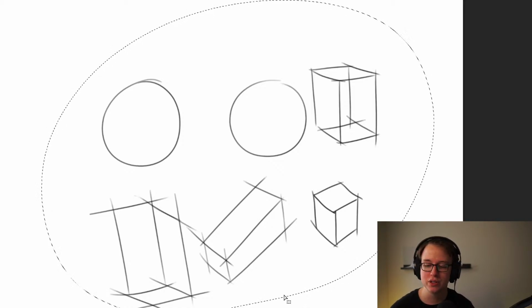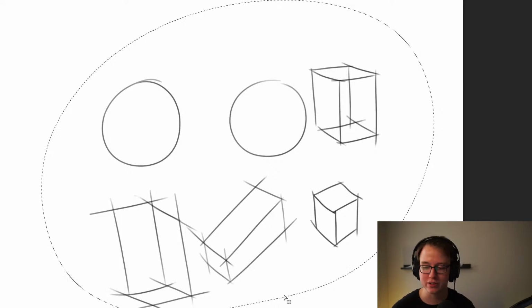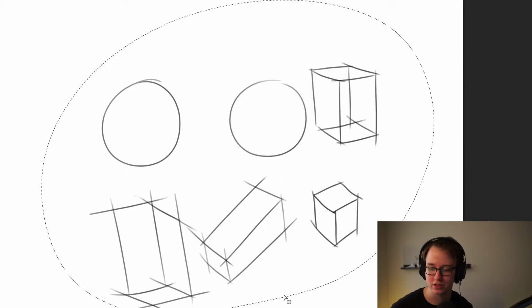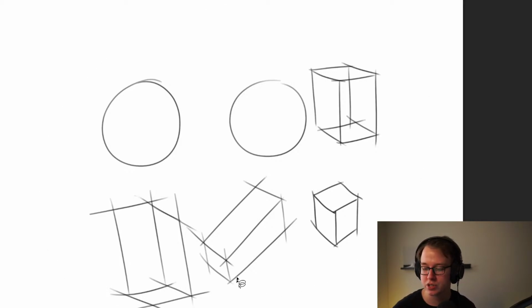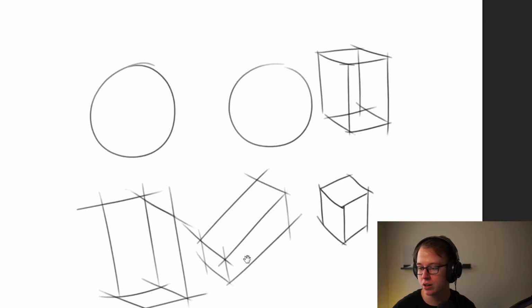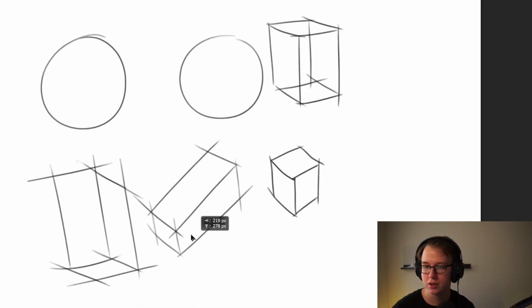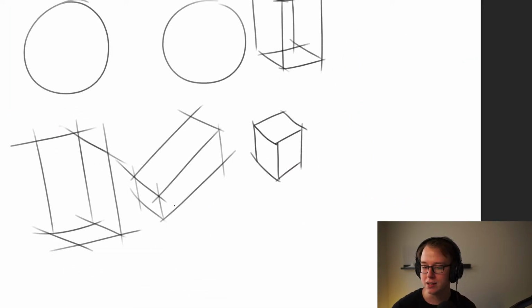But the first thing to do here is go ahead and warm up with some of these boxes. And like I say, some of this will be available for review later as well. You can go ahead and continue to draw those as I talk about this next step.